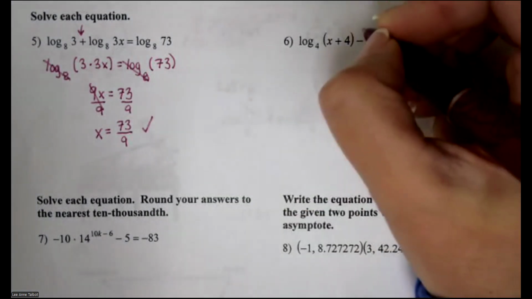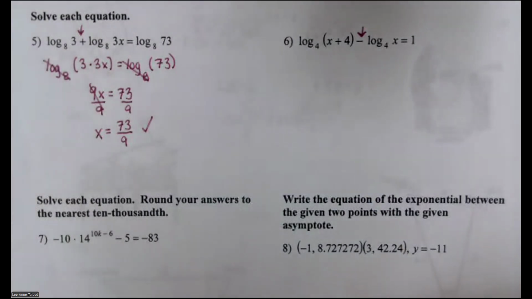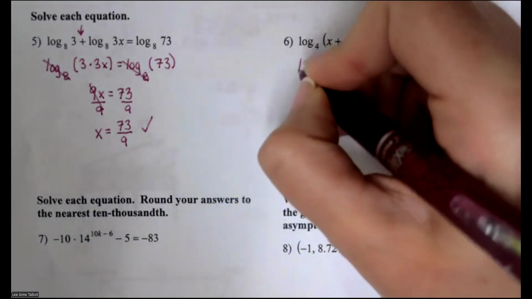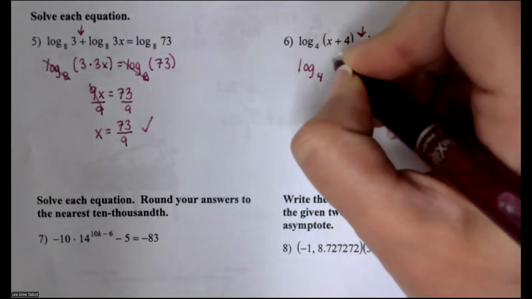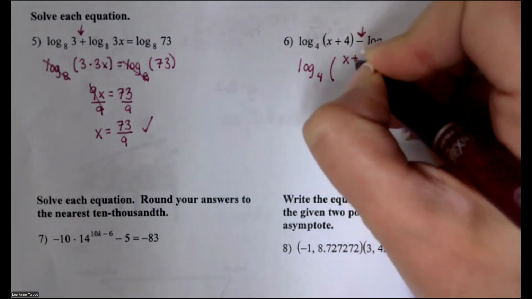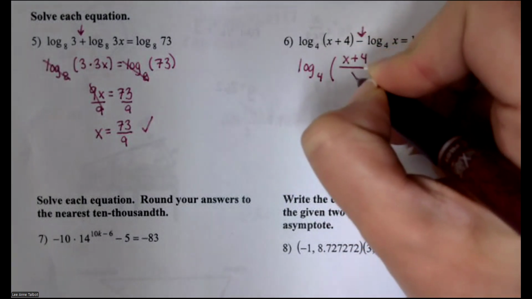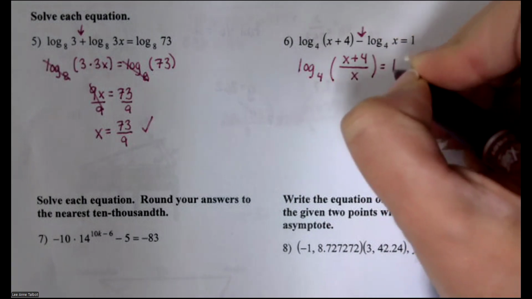Okay, number 6. Step 1, operation is division. Log base 4 of (x plus 4) over x equals 1.